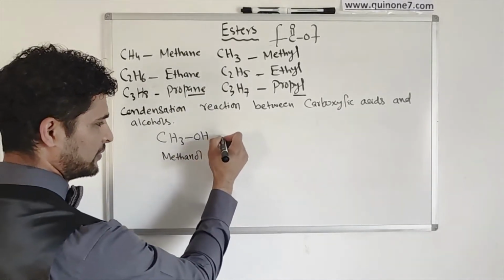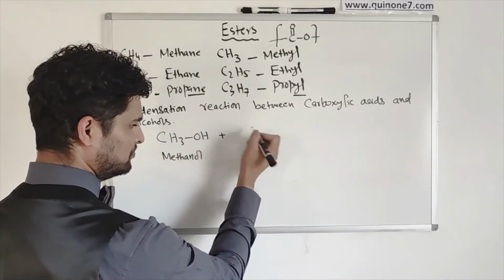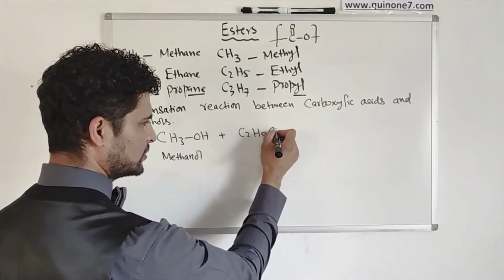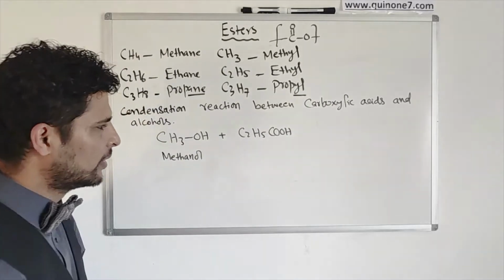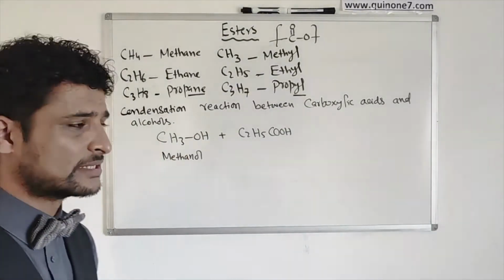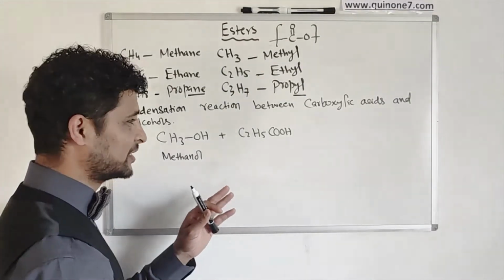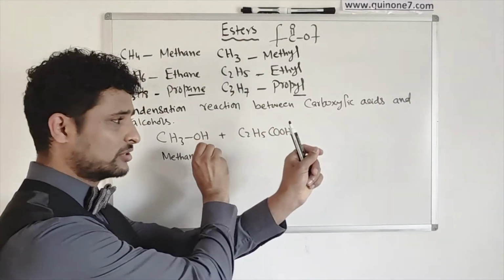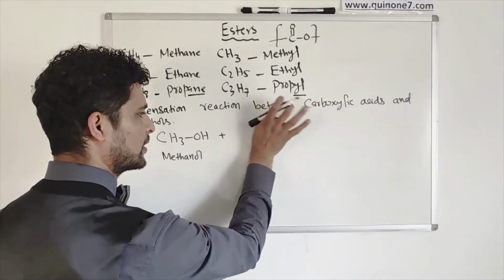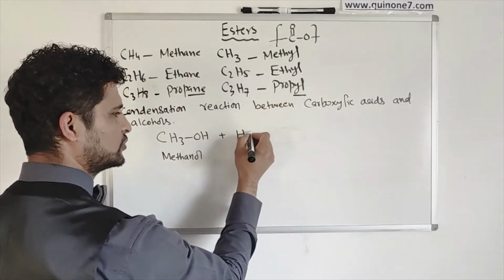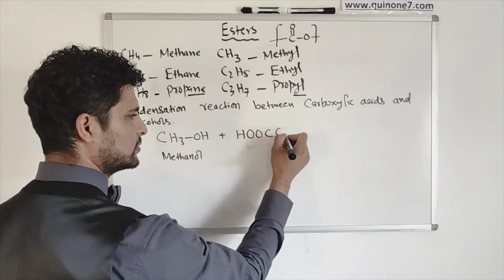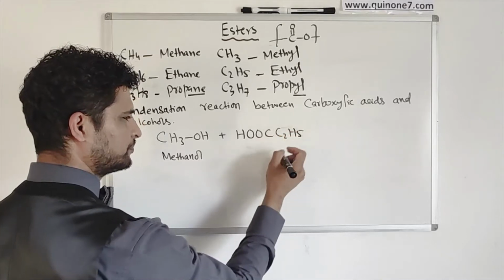Methanol is going to react with a carboxylic acid, C2H5COOH. I'm just going to flip it over and change the formula so you can understand it better. I can write this formula as HOOC C2H5.